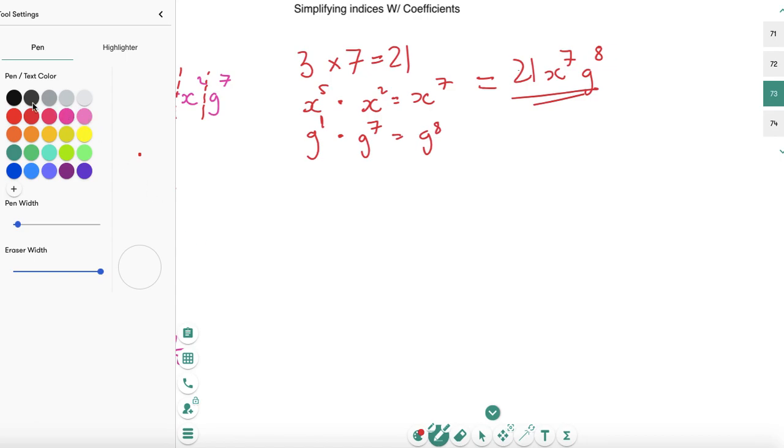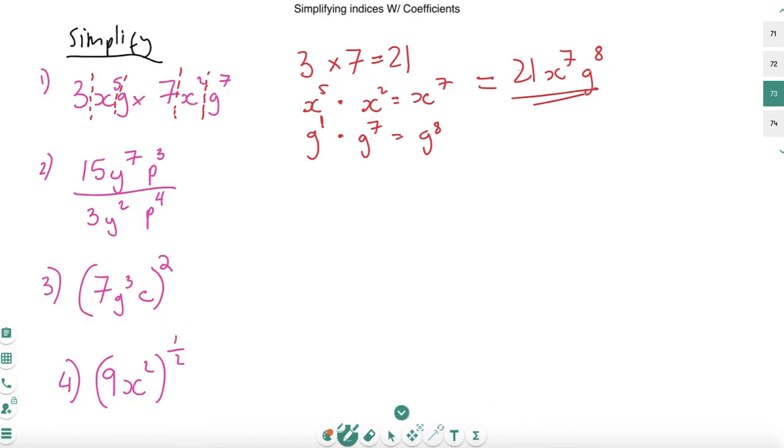Same thing here. 15, y to the power of 7, p to the power of 3, divided by 3 times y squared times p to the power of 4. So I'll separate my coefficient from the different indices. And this time I'm dividing. So I'm going to first grab my coefficients. So 15 divided by 3 is 5.